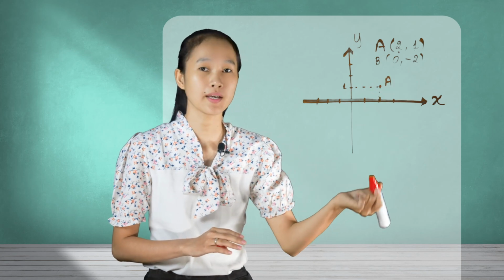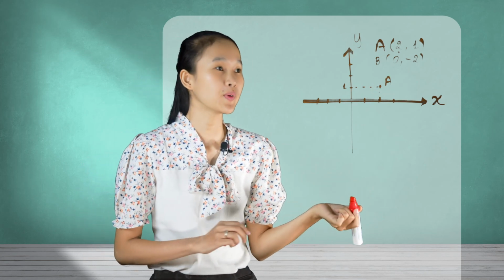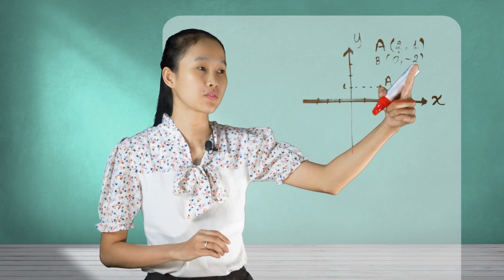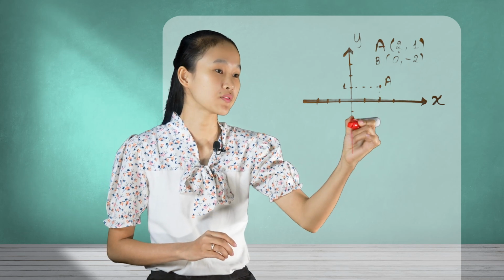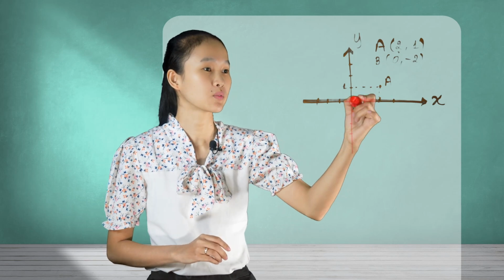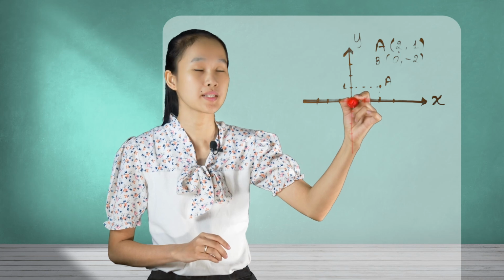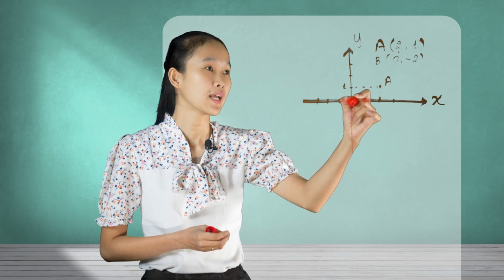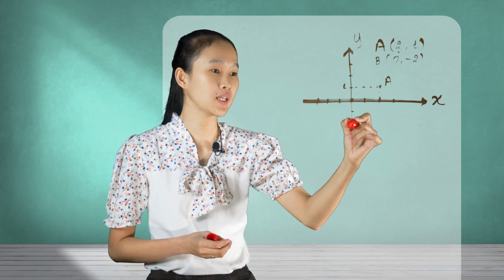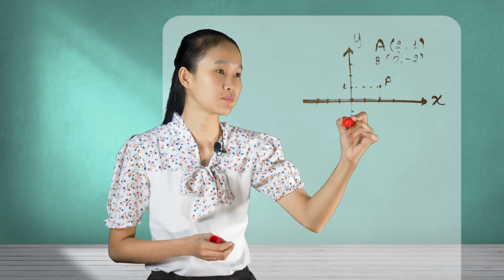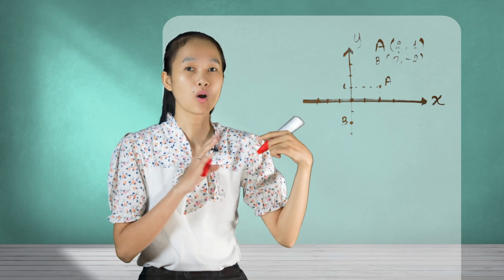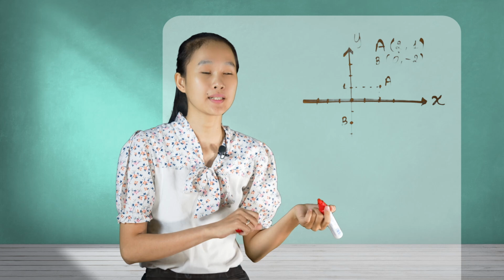This is A. And B: x is 0 and y is -2. So -2 is down here. X is 0, so 0 is the origin of the plane, and you move down 2 steps, so B will be here. So this is how you coordinate the points in a plane.